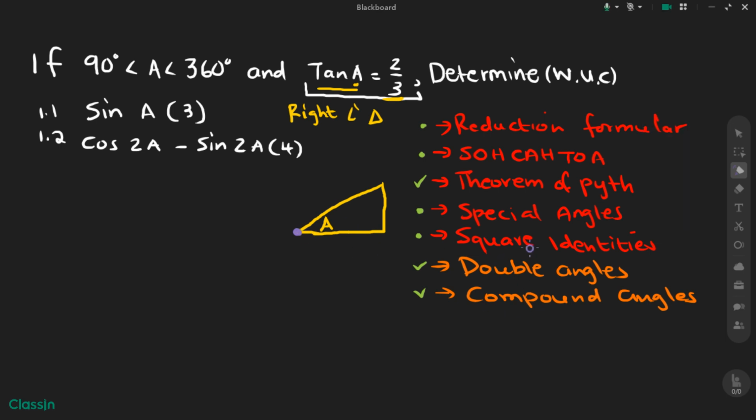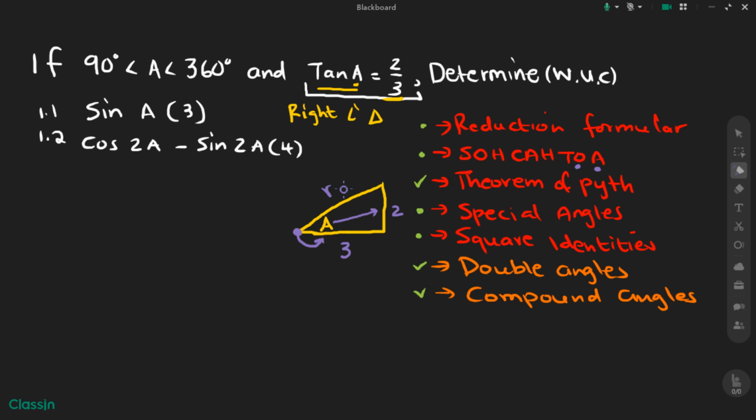Then, when I spoke about SOHCAHTOA, opposite and adjacent, if we are working with opposite and adjacent, we look at the side far from A, which is this, and that is 2. Because it's tan, adjacent is always this, and that is your 3. So what is missing is the value of r.